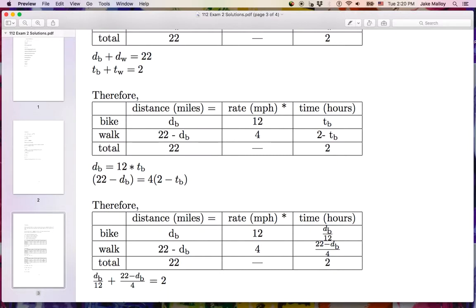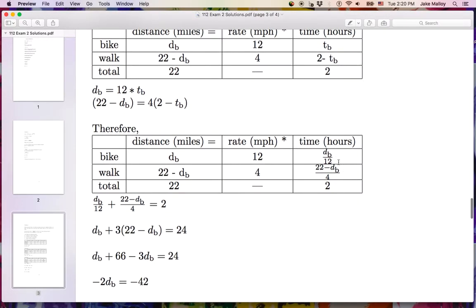So I can rewrite my time in terms of distance and rate. That's very straightforward. And that's what I did here. I took the distance and divided it by the rate, and that gave me my time in those terms.